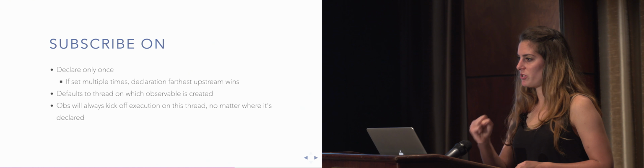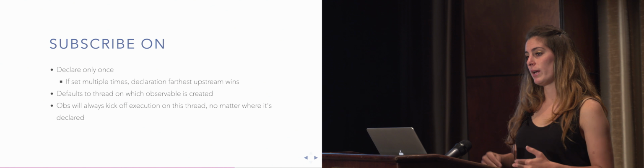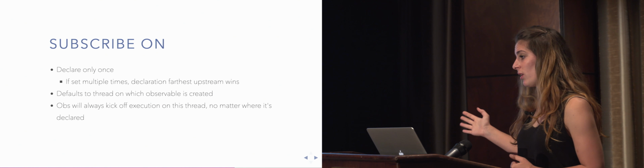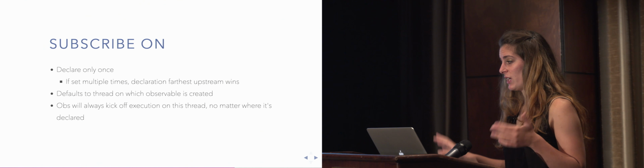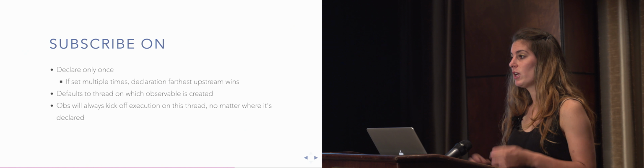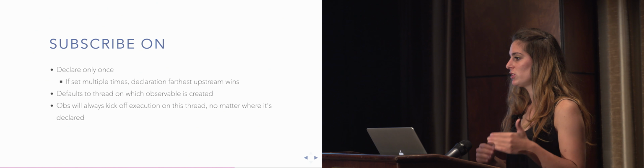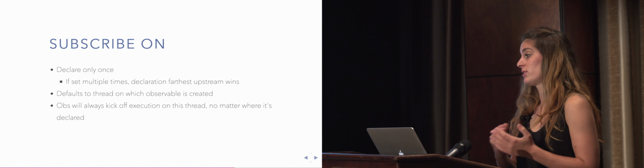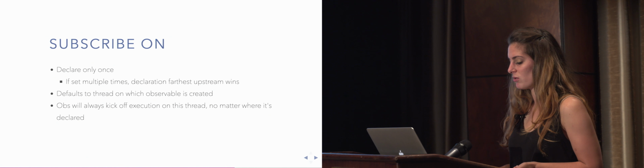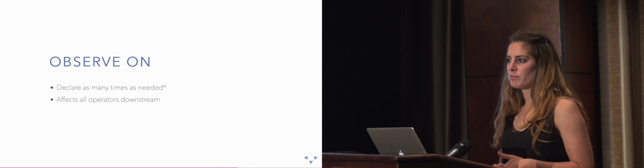At the point at which you subscribe, code will start running on that thread. So maybe down the line, you're doing other stuff and you want to change the thread with an observeOn, that's fine. But subscribeOn tells you where your code starts executing. That very first block will always run on subscribeOn until you get a chance to change it if you so choose. That leads us to observeOn.